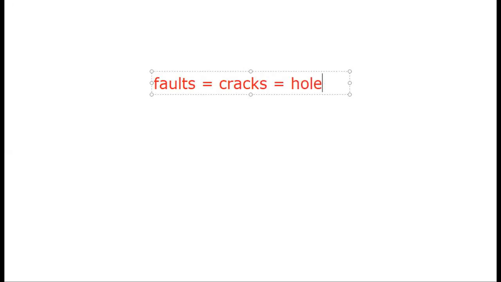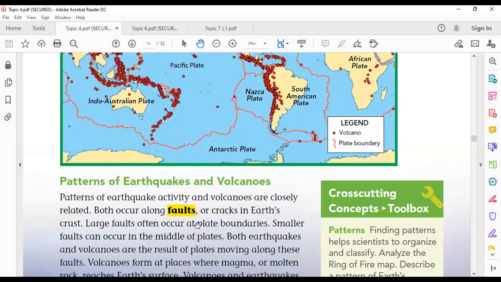It means cracks or fractures, also holes. So wherever there are cracks or faults in the earth's crust or surface, there are volcanoes or earthquakes. Earthquakes and volcanoes occur along faults or cracks in Earth's crust.